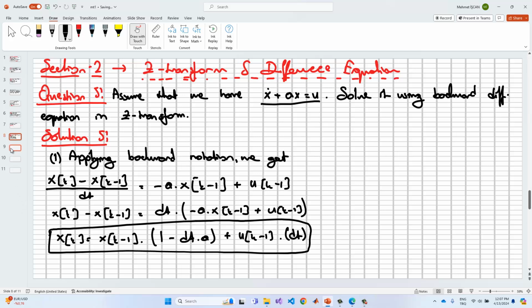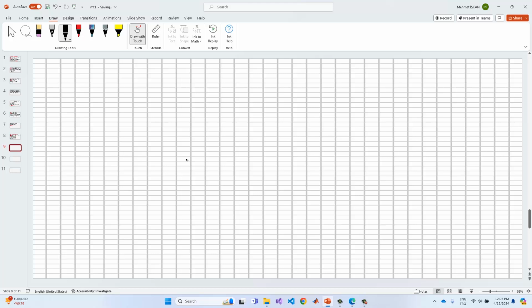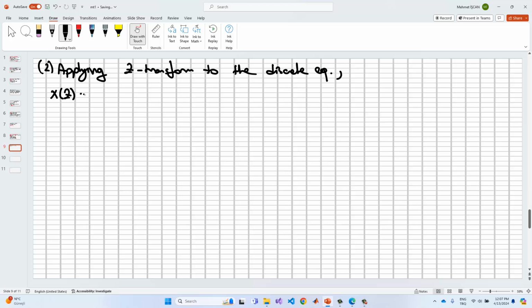So if we have this information, then we can apply the Z transform in here to the discrete equation, and then we get X(z), this is the k term in here, and X(z) times z^(-1), because we have the k minus 1 in here.